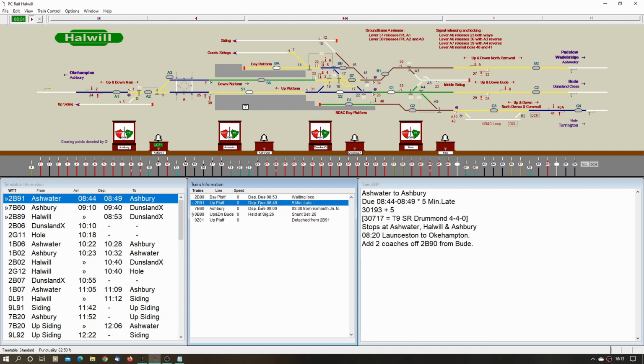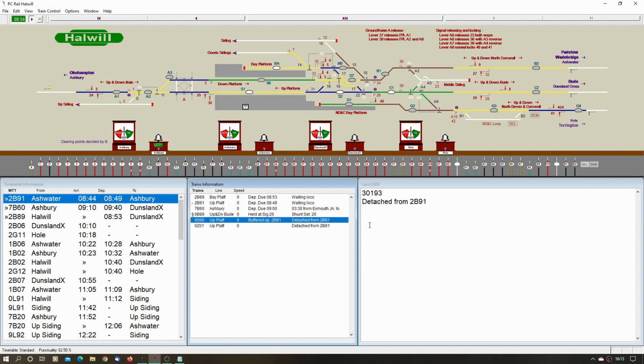Right, I've got to uncouple that. This is our shunter. And we put it over to low and try and see if I can signal that back. I can. Okay, that was lucky.